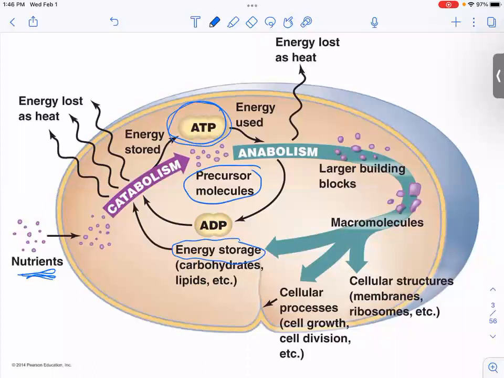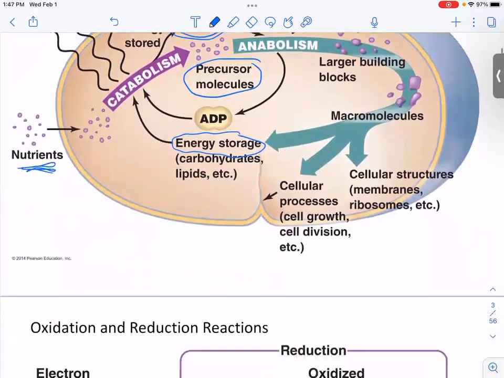Both catabolic and anabolic reactions in the cell are not perfect. They're going to lose a little bit of that energy as heat, kind of inevitably. But again, both are tightly balanced.